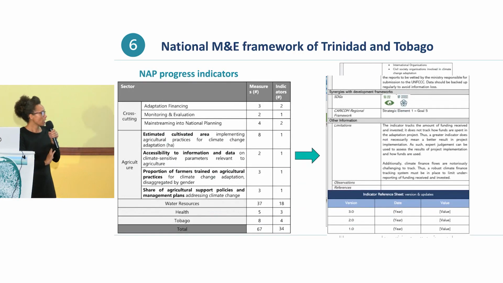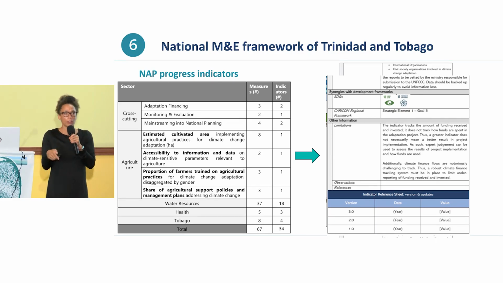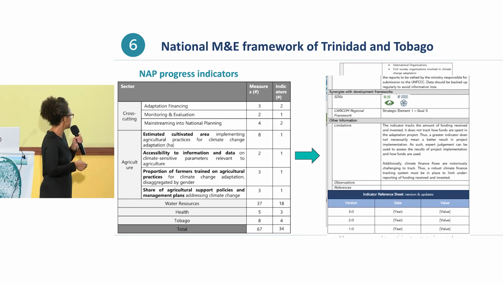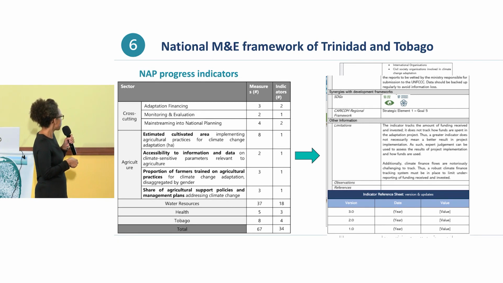And we see for agriculture, for those who have not been in that process and might not be familiar with the indicators, we have the measure of estimated cultivated area. That's one indicator. The accessibility to information and data, how climate sensitive parameters are made transparent and relevant to agriculture. The proportion of farmers trained on agricultural practice.